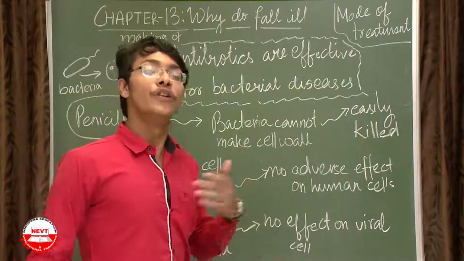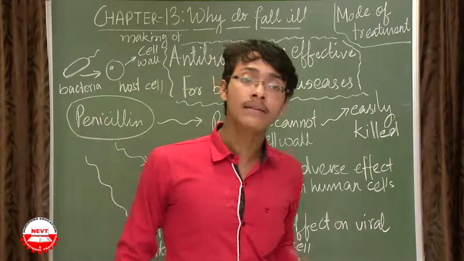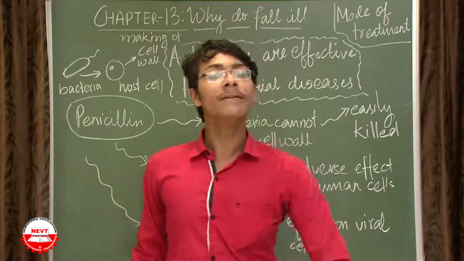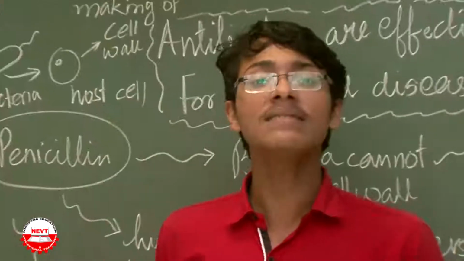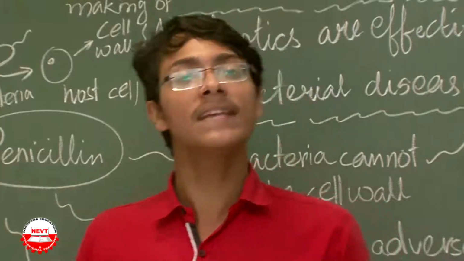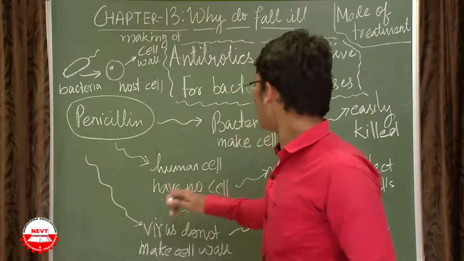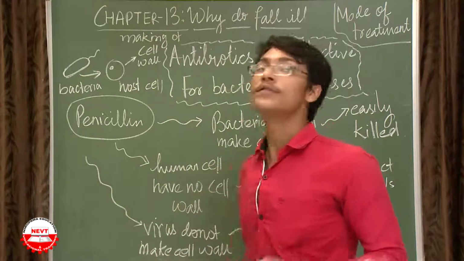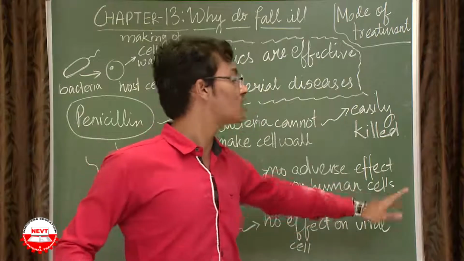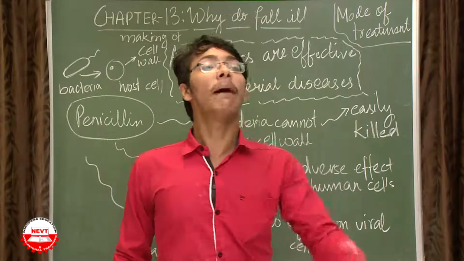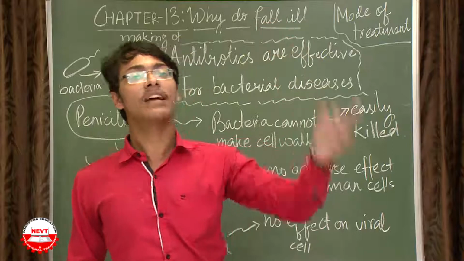You can ask, but human cells may also be affected? Human cells are animal cells. They have no cell wall. So there is no adverse effect on human cells. Antibiotics selectively attack the bacterial cells and kill them.